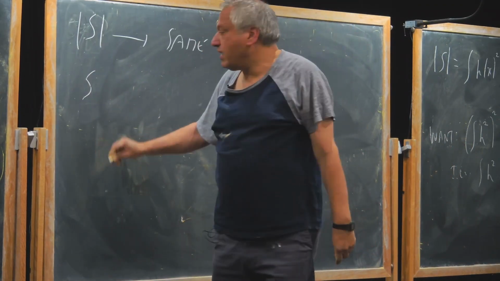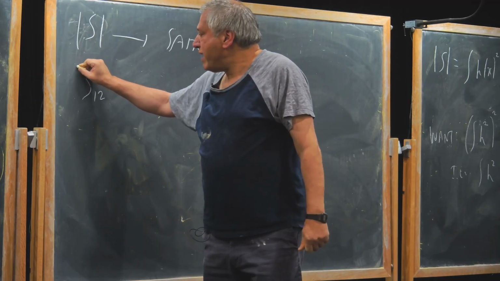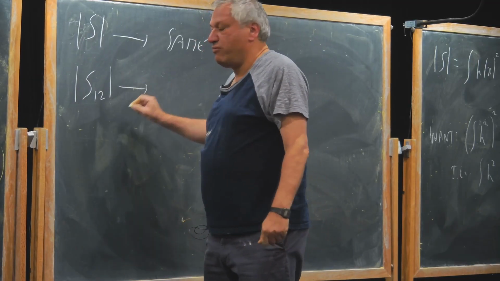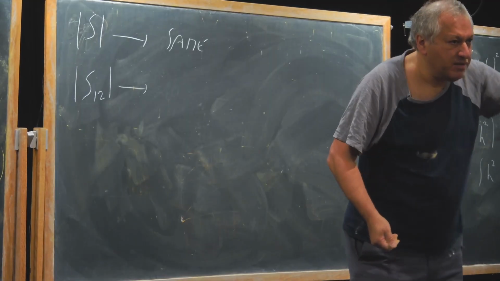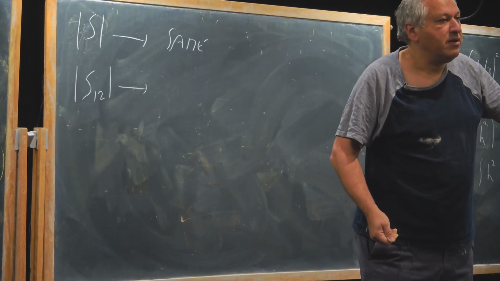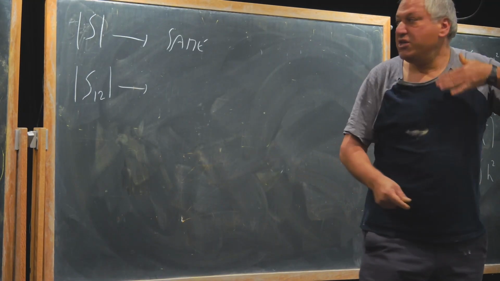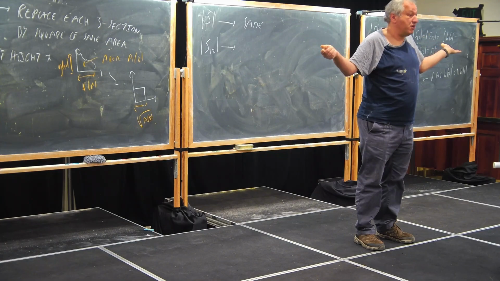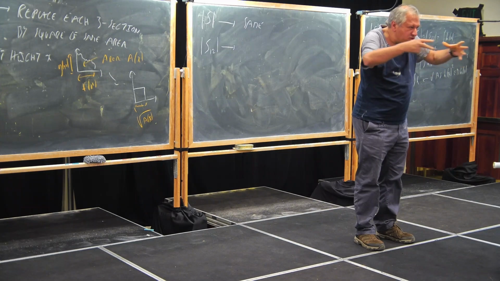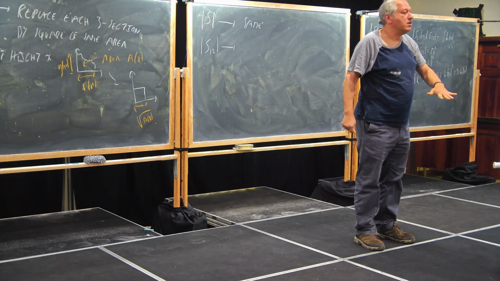What happens vertically? What do we know about S12 when we apply this operation? Well, let's think about it. If you're projecting down the xy plane, what you see is the union of all those sections, right? Which is at least the biggest section. But if you have a collection of squares, they're nested, so it is the biggest section.